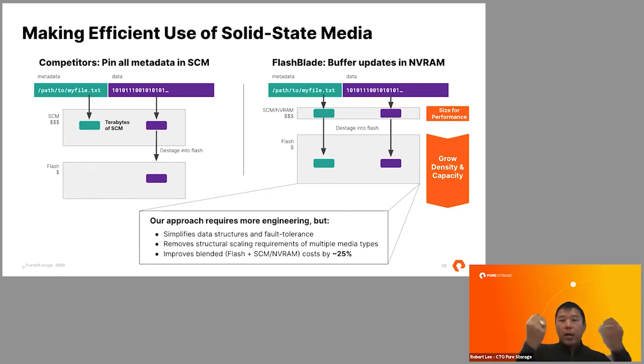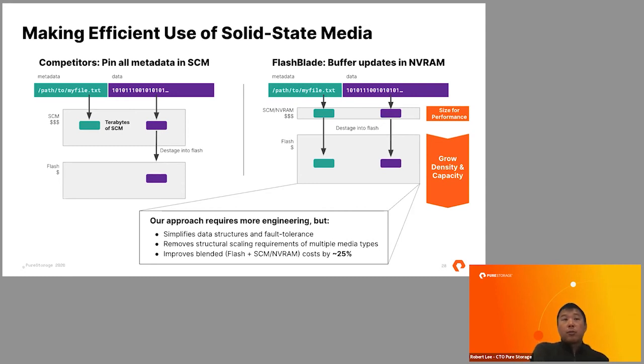But to do that, you have to remove the hard requirement. You have to remove this idea that you've built a software architecture, a set of metadata structures, a processing engine, all built around this idea of metadata pinned into high-speed access media. Because once you've done that, that locks you into a path that's really, really hard to get off of. And so we recognized this fairly early on, and essentially chose our path.